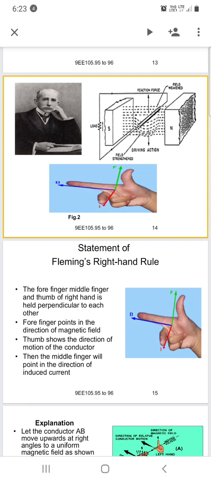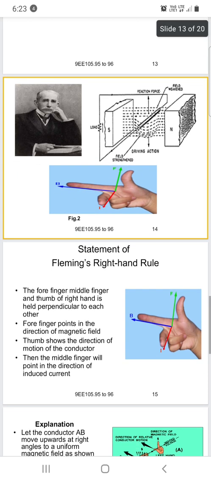And the thumb, the green line, indicates the direction of motion, that is, the force caused in the conductor. And the red line, the middle finger, indicates the direction of induced current. Due to the motion in the magnetic lines of force, induced EMF is produced in that conductor, and the conductor is deflected, moved in the magnetic field.